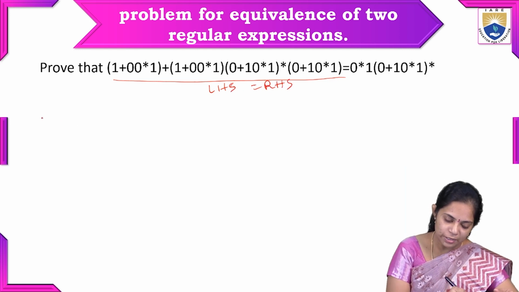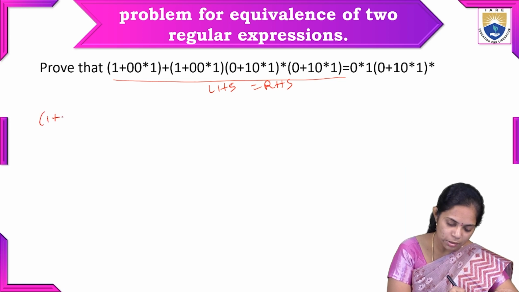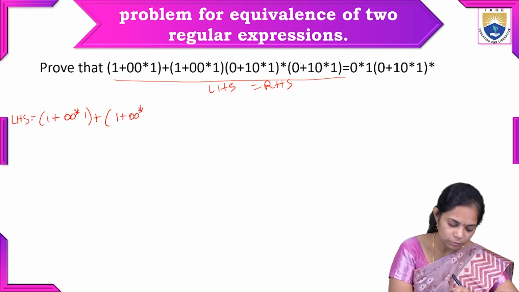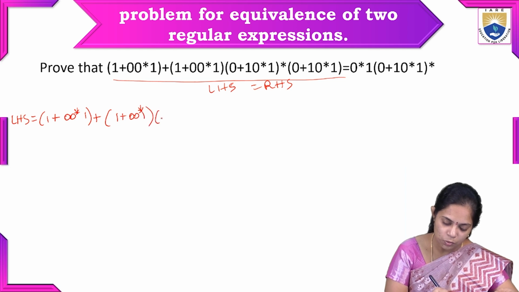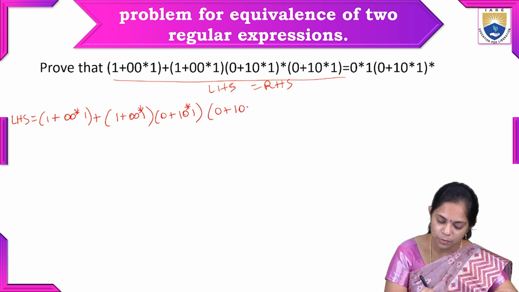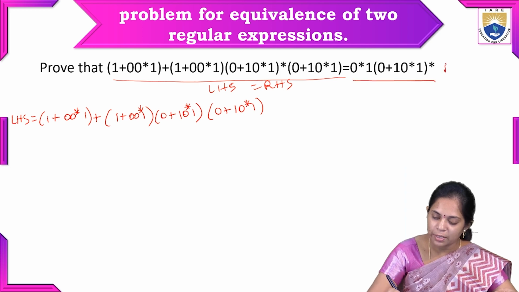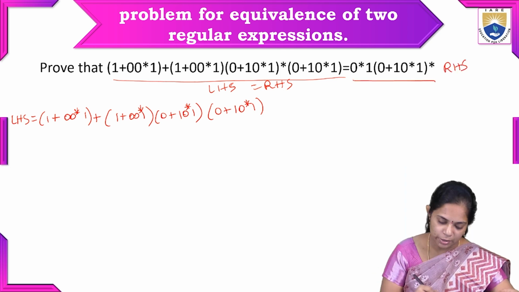So here the LHS is 1 plus 00 star 1 plus 1 plus 00 star 1 0 plus 1, and we have to prove it equal to the RHS.